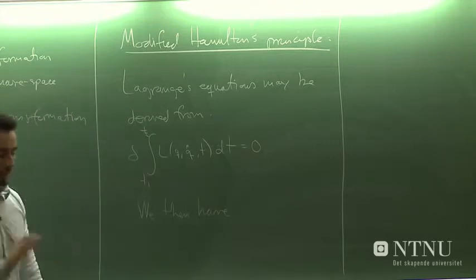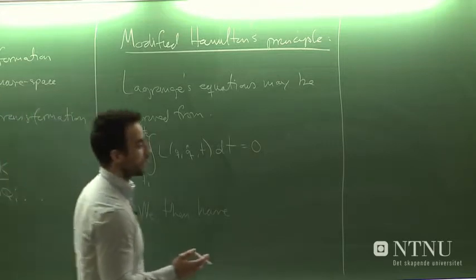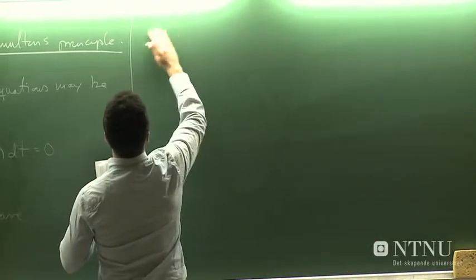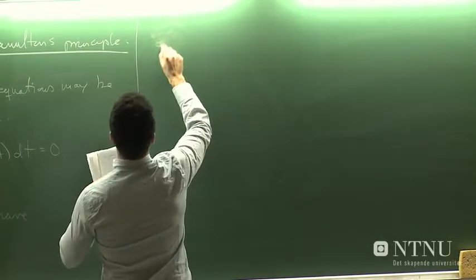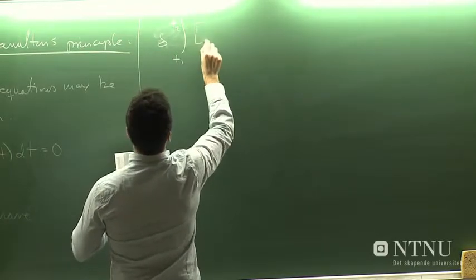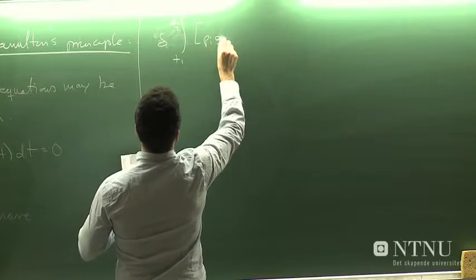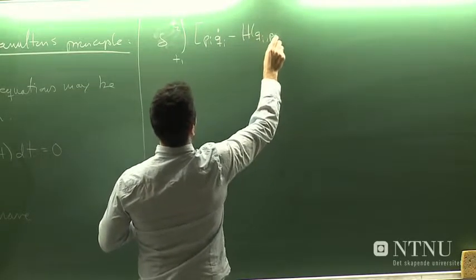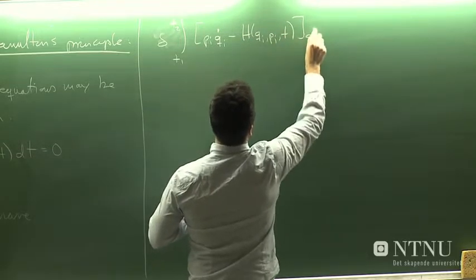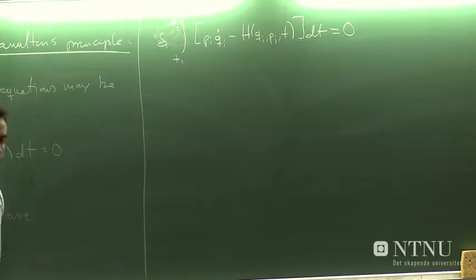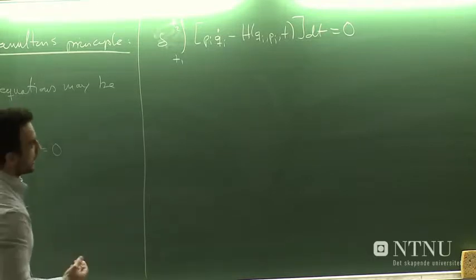But we know how the Lagrangian is related to the Hamiltonian. So we can also write the following, which is known as the modified Hamilton's principle.